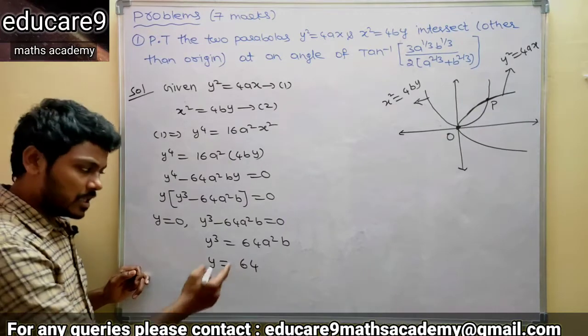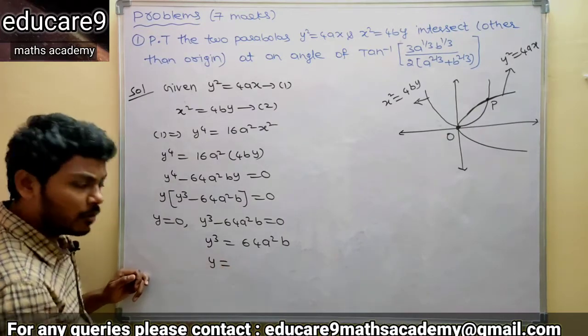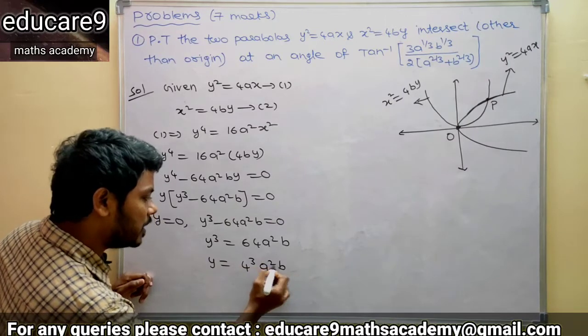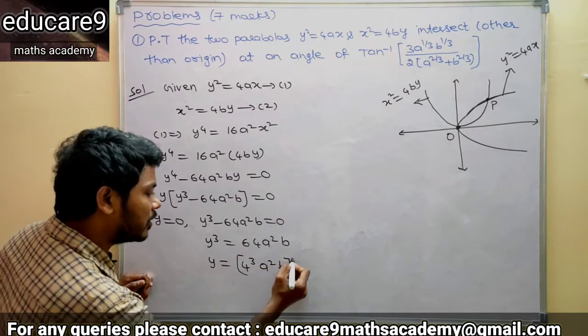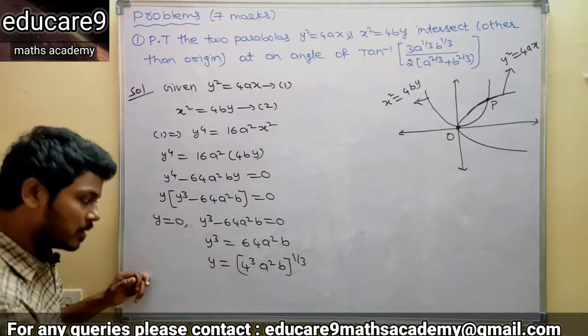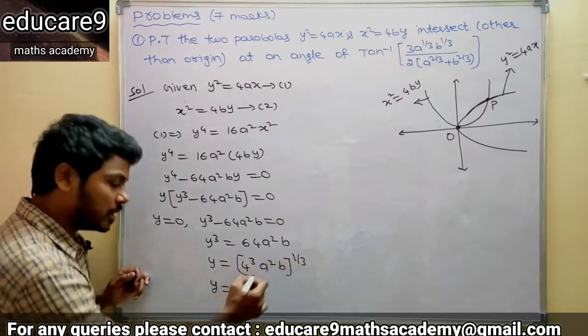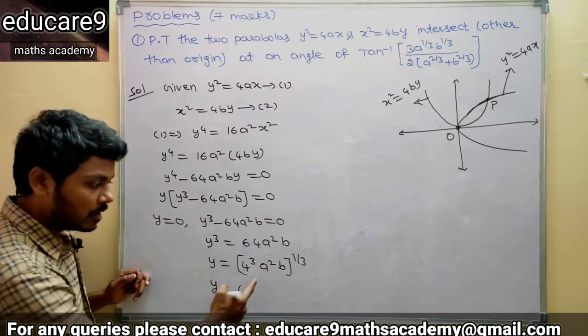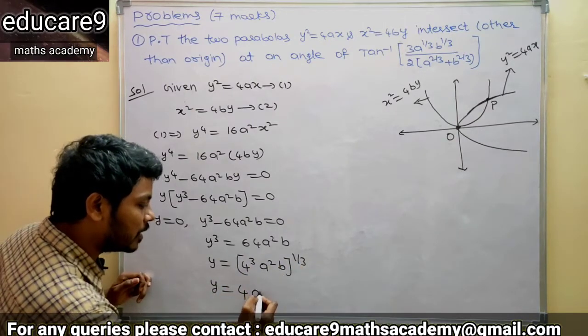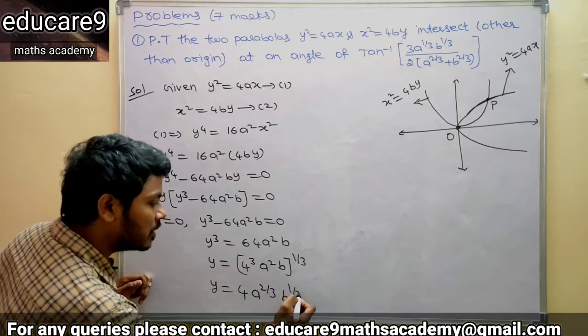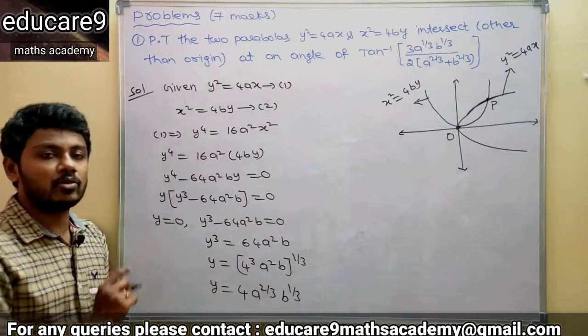This 64 we write as 4 power 3, so (4 cube a square b) whole to the power of 1 by 3. Now therefore the value of y is 4 a power 2 by 3, next b power 1 by 3. So these are the y coordinates.